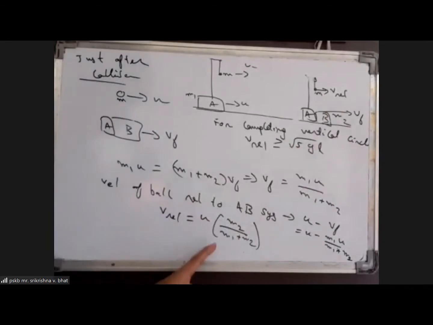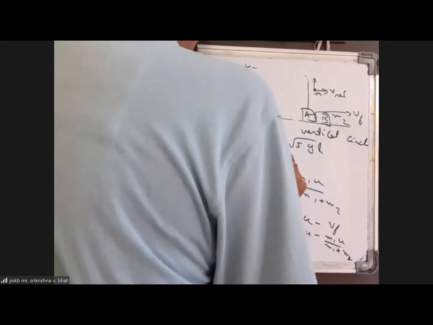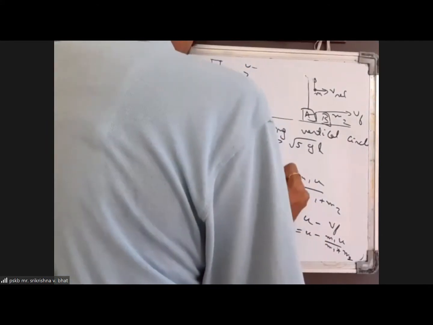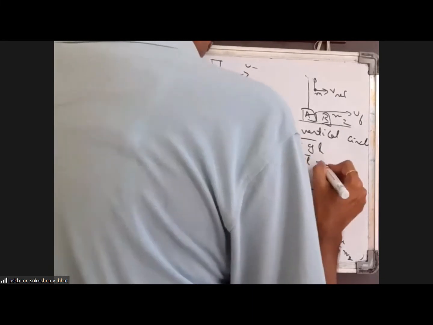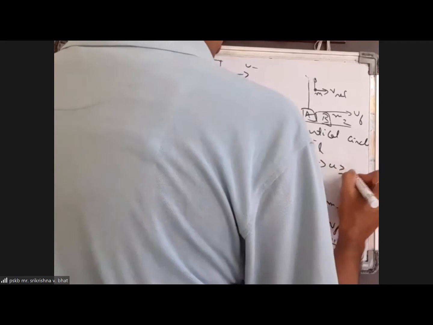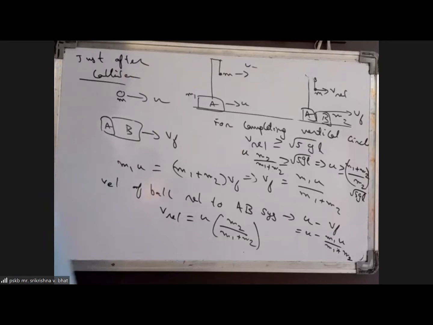That means whatever we got here, u into m2 by m1 plus m2 should be greater than or equal to root 5 gL. Or this means u should be greater than or equal to (m1 plus m2) by m2 into root 5 gL.